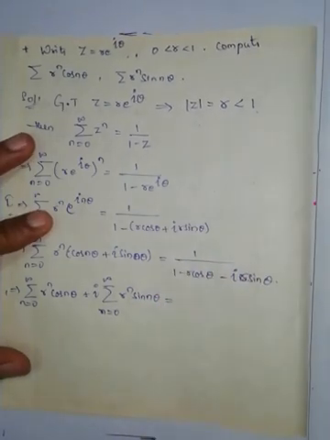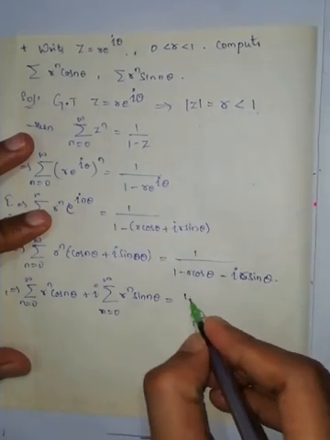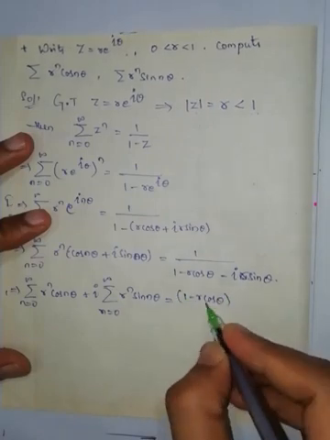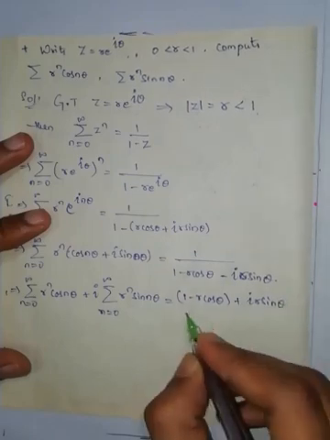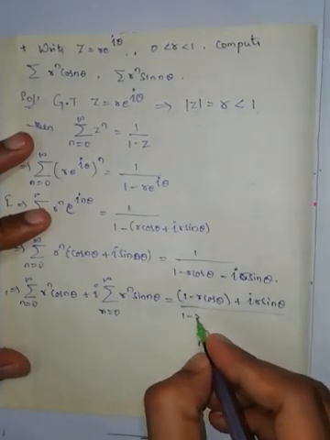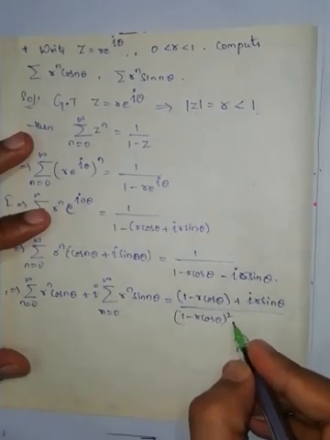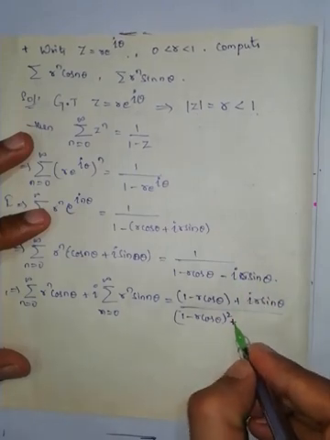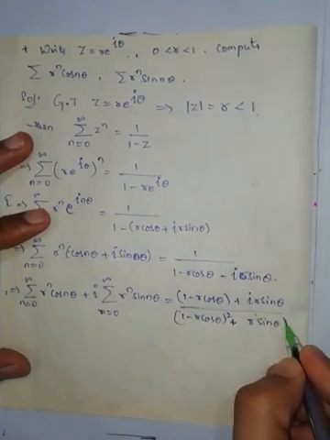Now rationalizing the numerator and the denominator, what you will get? 1 minus r cos theta plus iota r sin theta by, in the denominator, 1 minus r cos theta whole square minus iota square, which becomes plus r sin theta whole square.